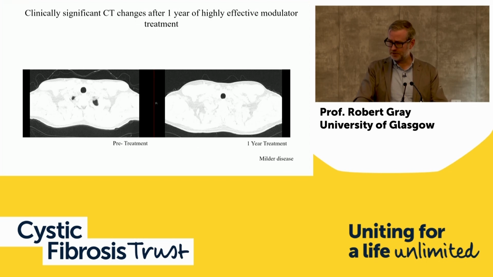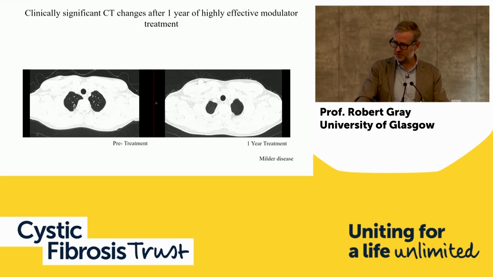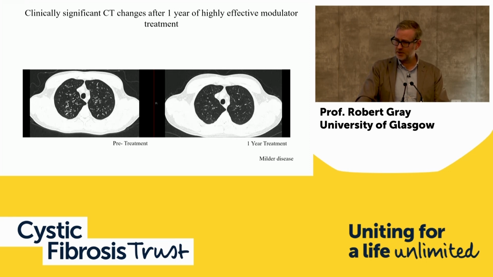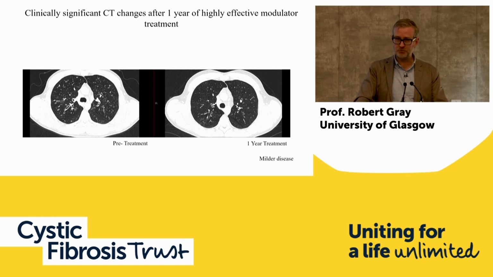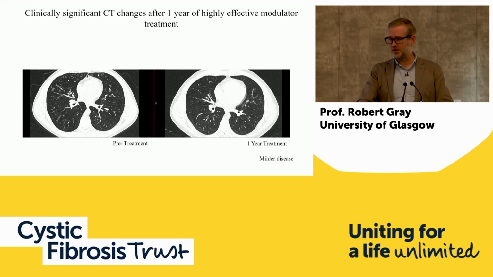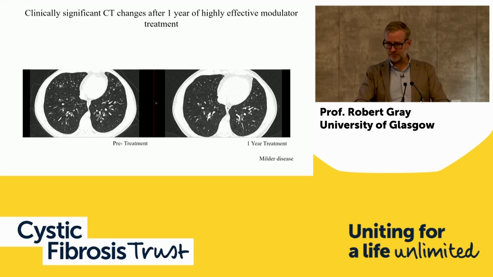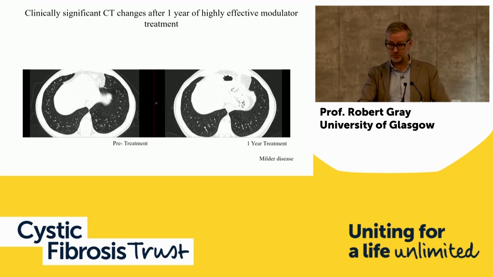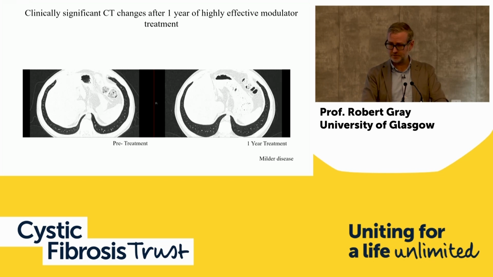This is in a patient with slightly milder disease, but it's just to give you an idea of how we've not just chosen one slice of one particular scan. If we look at patients treated with these drugs, we're seeing a decrease in inflammation that is really manifest in terms of what we see on a CT scan.